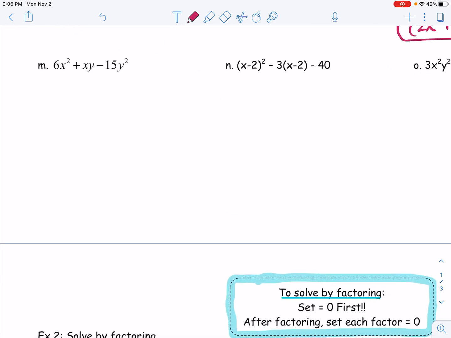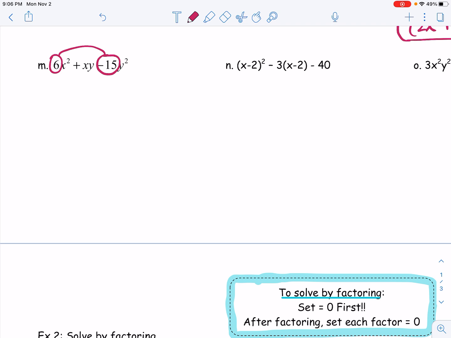6x squared plus xy minus 15y squared. Is there a GCF? No. It's not a perfect square trinomial either, so we're going to factor. Just ignore the variables, guys. Okay, 6 times a negative 15.